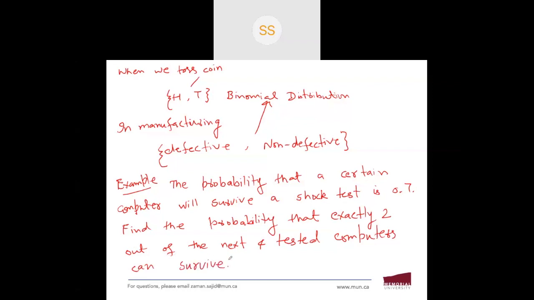Okay, so what is our example here? The probability that a certain computer will survive a shock test is 0.7. Find the probability that exactly 2 out of the next 4 tested computers can survive. Now I need to go to the next slide.